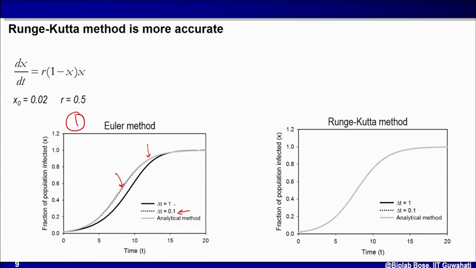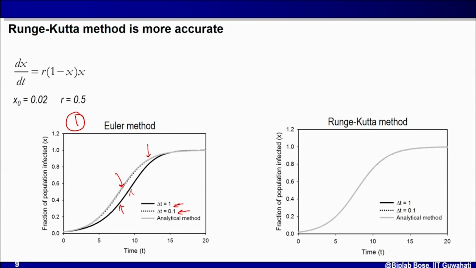But the problem starts when you take a bigger delta t equal to 1. Then the result is this black line. As you have noticed earlier also, it is deviating from the real original result obtained by the analytical method. That means this approximate method has error when I increase delta t to 1.